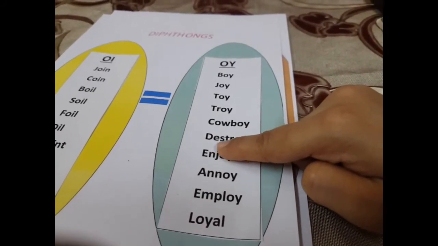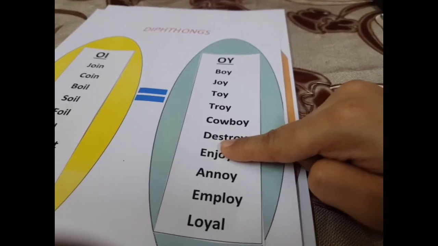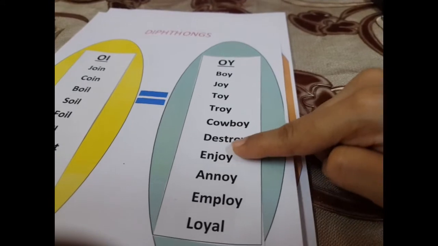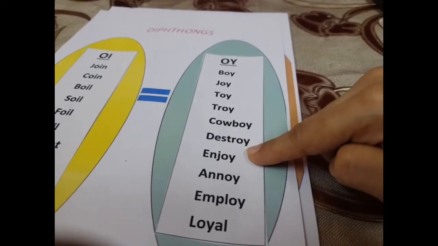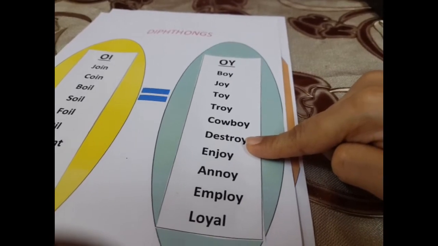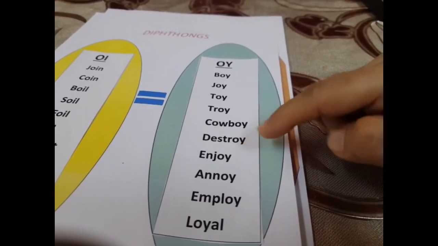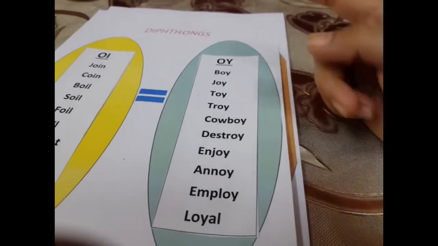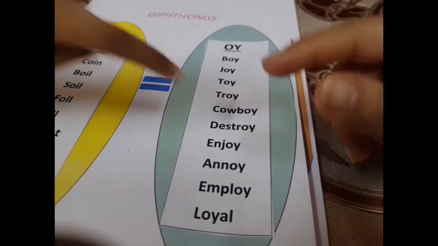The D. What is the sound of ES? Es. DES. TROY. Troy. Destroy. Yes, with more than four-letter words we need to break a word in between. I'll teach that afterwards.